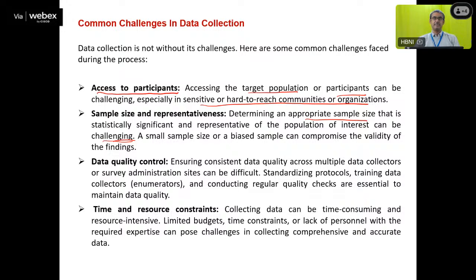A small sample size or a biased sample compromises the validity of the findings. This is very clear: if the sample size is small or you take a sample from a biased place.